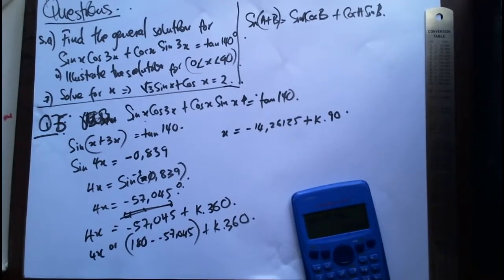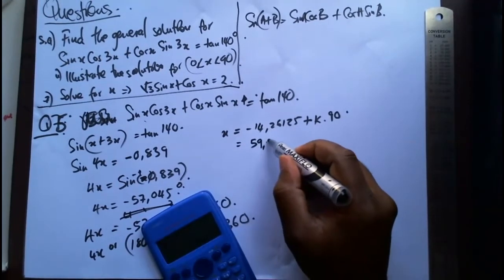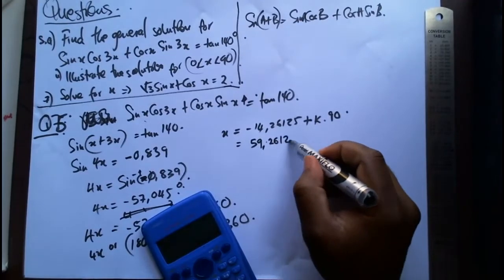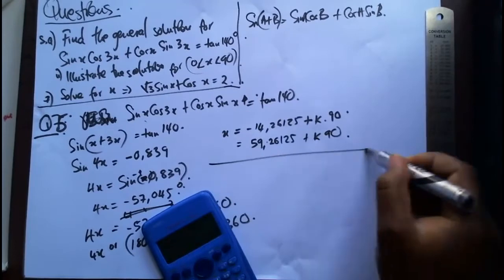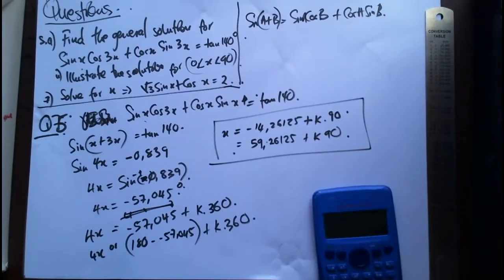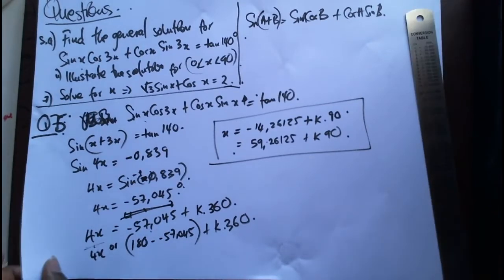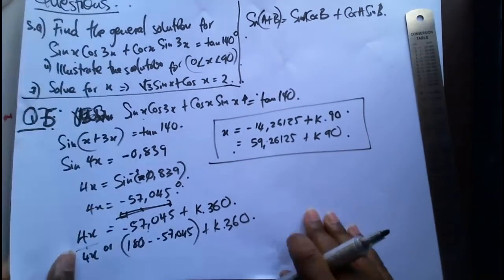Then I divide by 4, I'll get 59.26125 plus k times 90. These are my two general solutions, because I'm going to divide everywhere by 4. So with this one, very simple, not a problem. Let's go to another one.